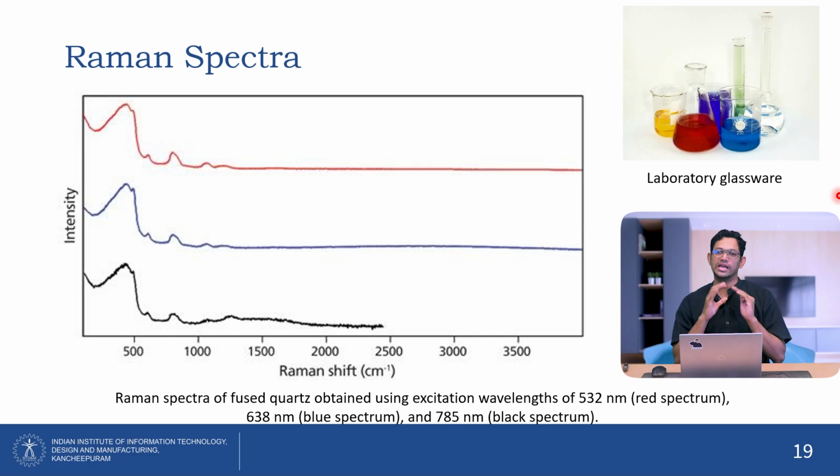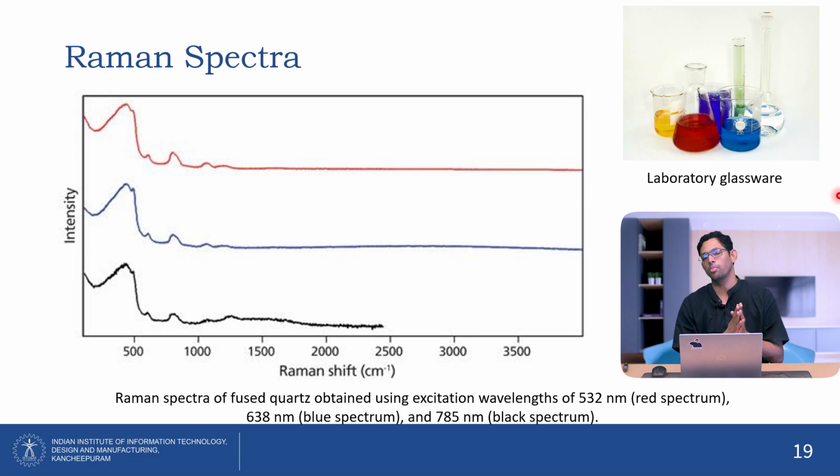So when you put the sample in a cuvette and do the Raman spectra, that spectra would be of the analyte and the quartz, or whatever the cuvette material is made up of. If it's PTFE or any plastic material, those Raman spectra would overlap with the Raman spectra of the analyte.